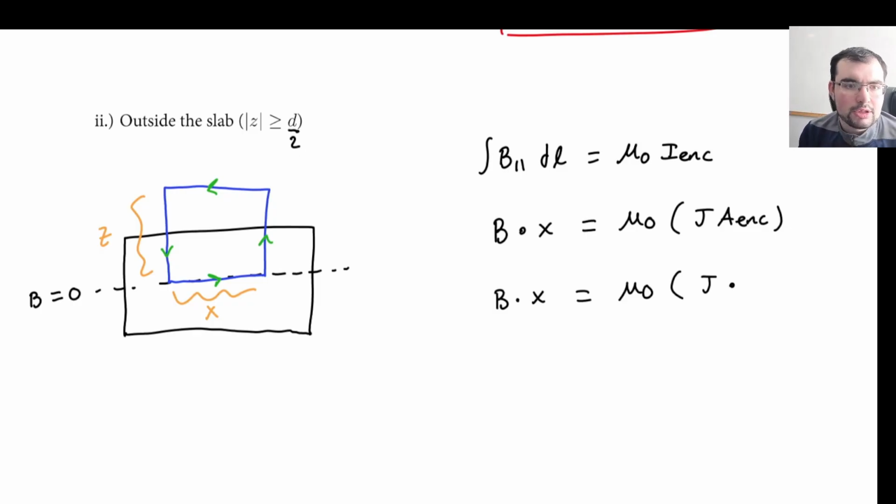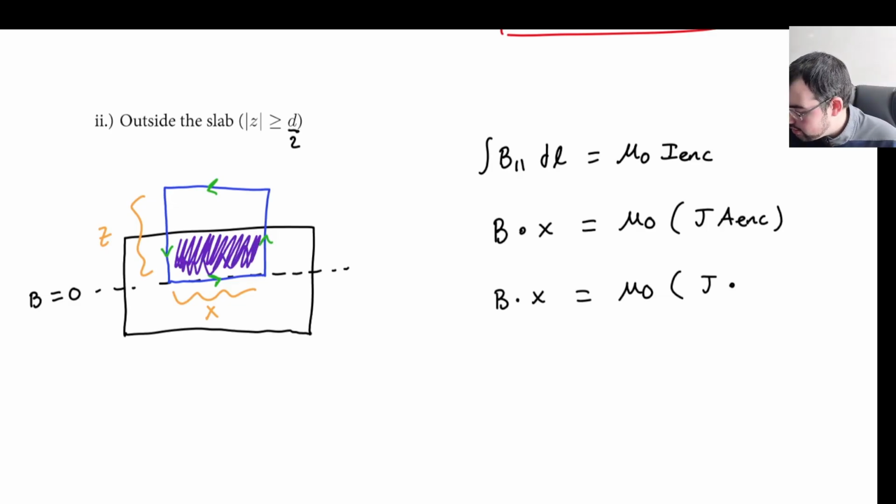And we need to make sure we're only multiplying by the enclosed area that is actively enclosing current. So there is no current up here, so we do not want this area involved. The only part of our slab with current in it in our loop is this area in purple right here.